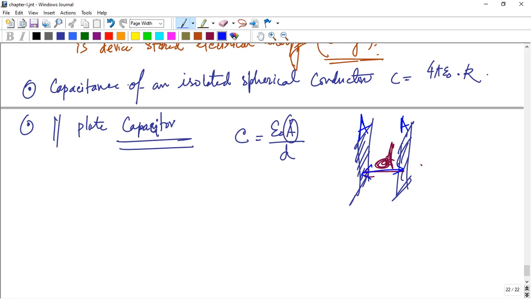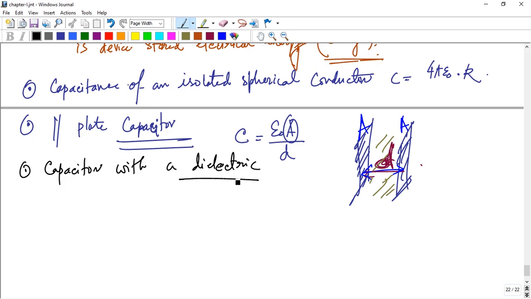Now, the capacitance of a parallel plate capacitor with a dielectric. Suppose some dielectric material is placed inside the capacitor, between these two parallel plates.